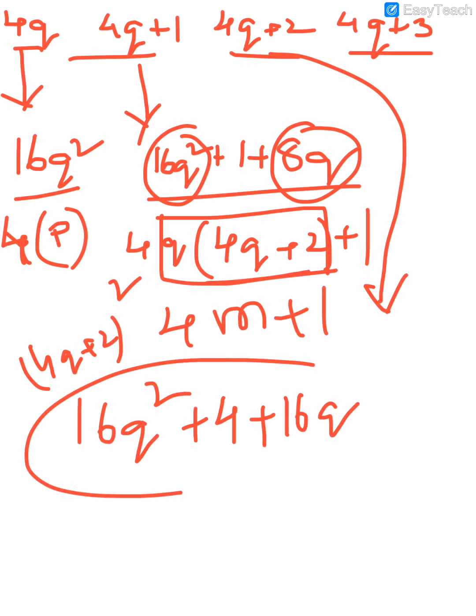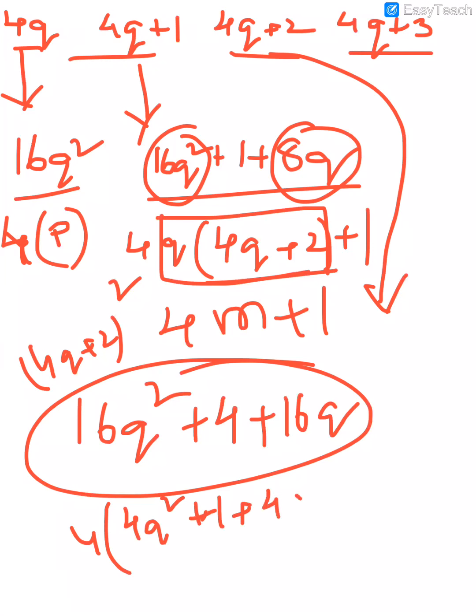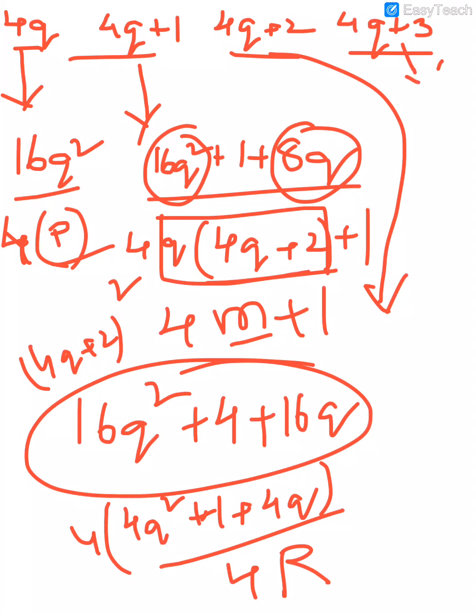Now take 4 common: 4 into 4q square plus 1 plus 4q. Let us suppose this entire thing to be something like p. So p here, m there, p there. Similarly, if you do it with 4q plus 3, you will get 4 into something plus 1.